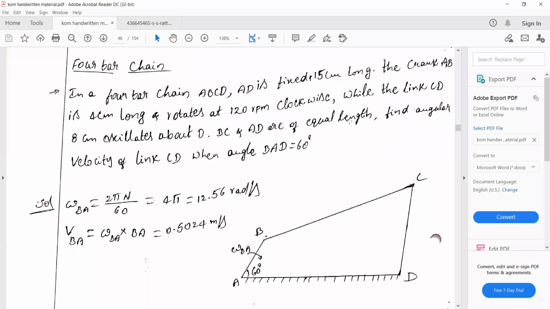Find the angular velocity of link CD when angle BAD equals 60 degrees.